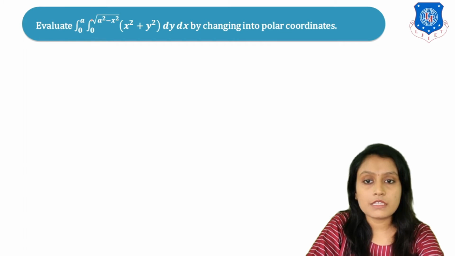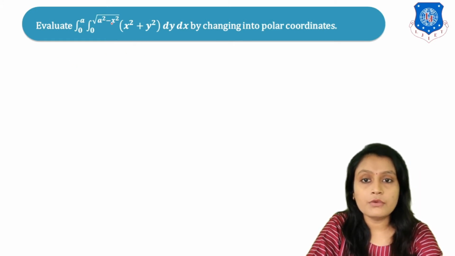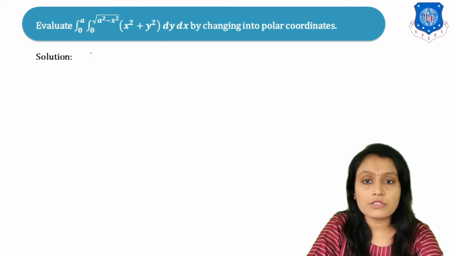Evaluate the integration 0 to a, 0 to under root a square minus x square, plus y square, dy dx, by changing into polar coordinates. Now here you can see this is our limit of y, that is y equals 0 to y equals under root a square minus x square.